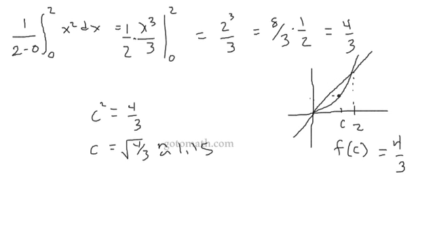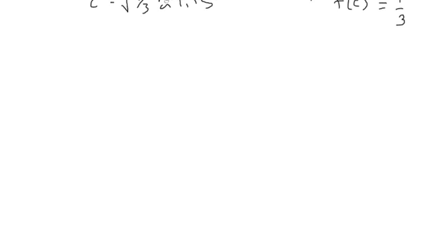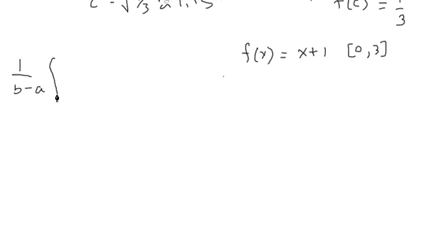So all you got to do is, if you were asked, and more than likely this is what it will be, you'll be given some function. For example, we'll do something easy, and we're on the interval between 0 and let's say 3, and you're asked to find the average value. So you're going to use this.